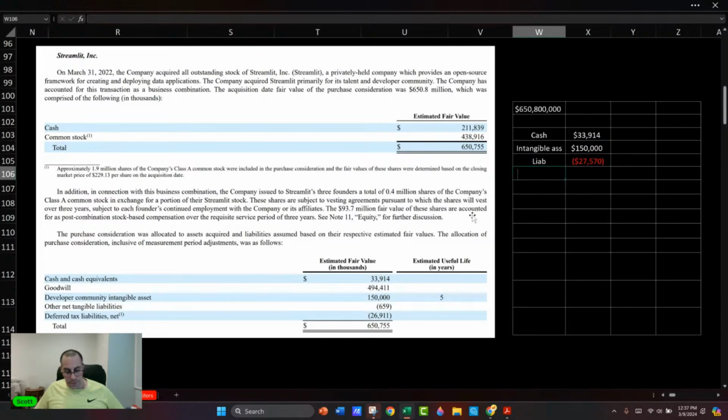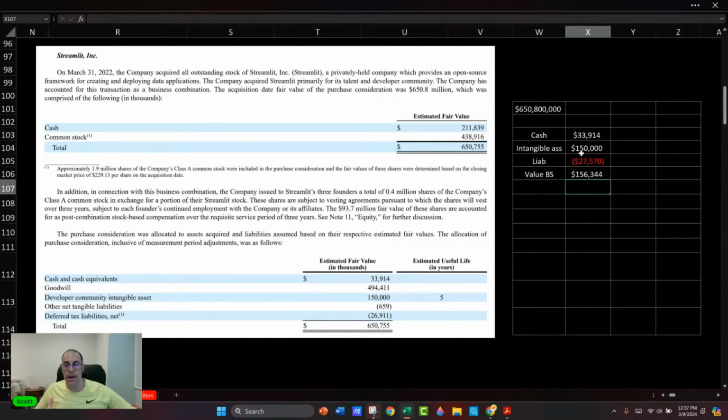So the balance sheet value for this company, because this is at least what Snowflake is receiving, they're paying $651 million. They're receiving $34 million of cash.